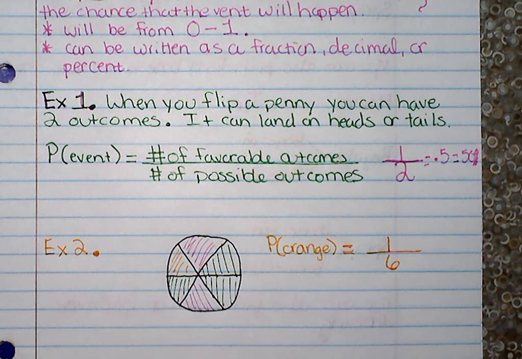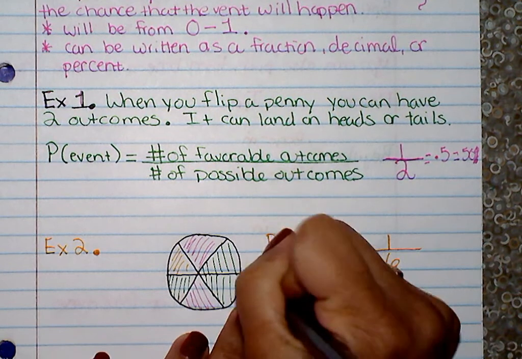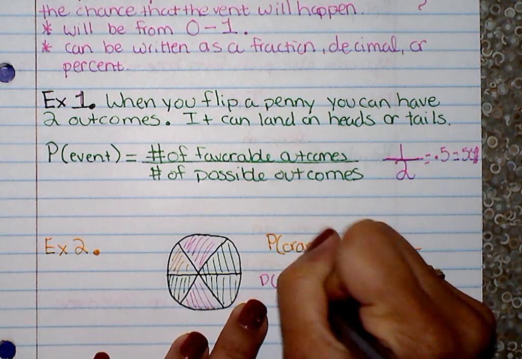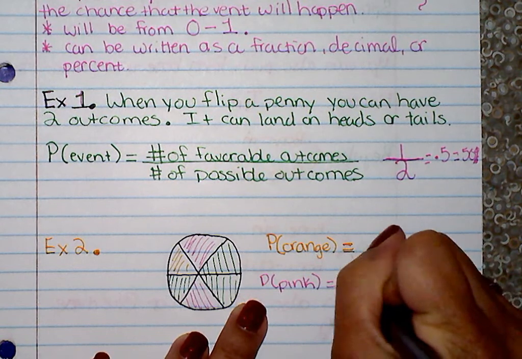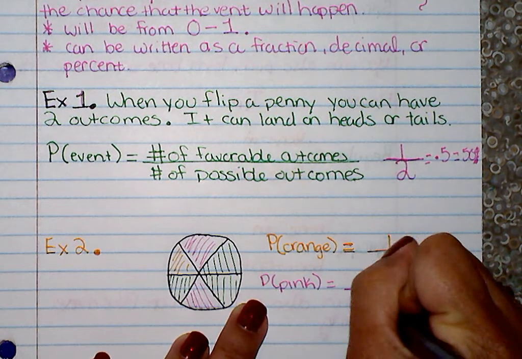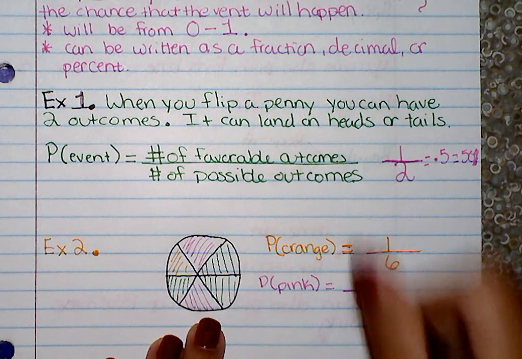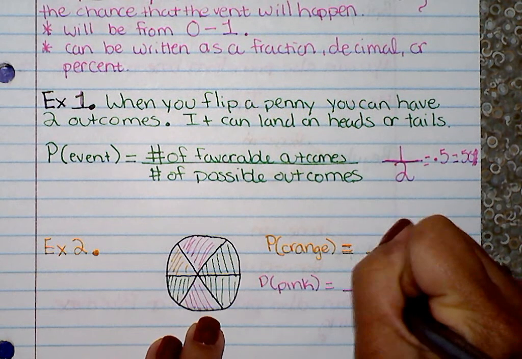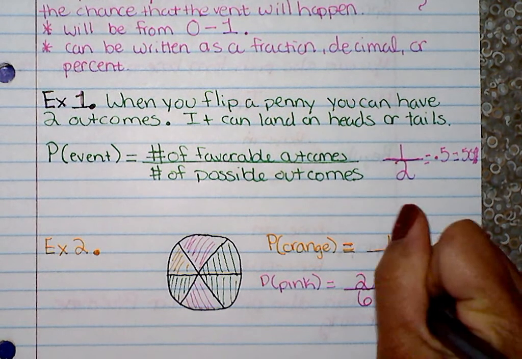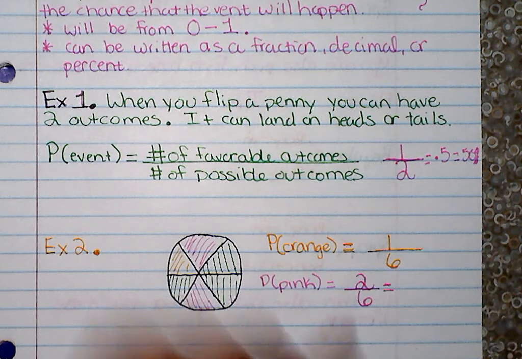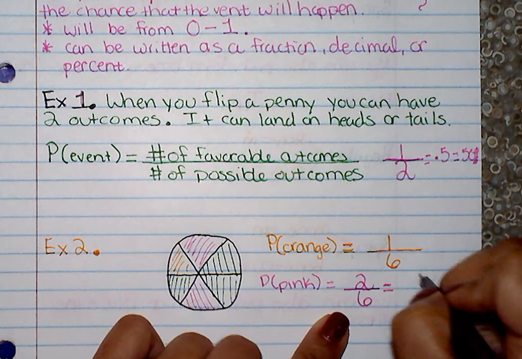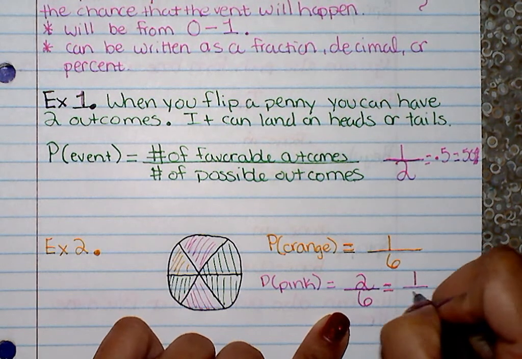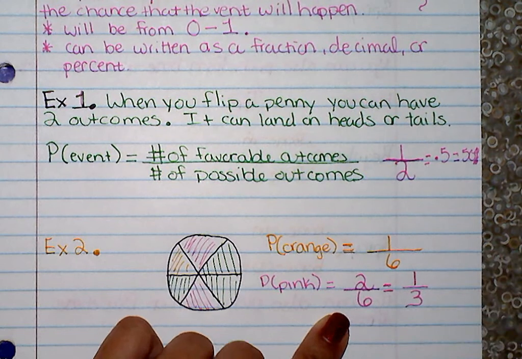Let's look at the probability of pink. Again, I still have 6 possible outcomes with 2 pink. What can I do to this? This is a fraction. This is also a ratio. And what can I do to both? I can reduce. So 1/3.